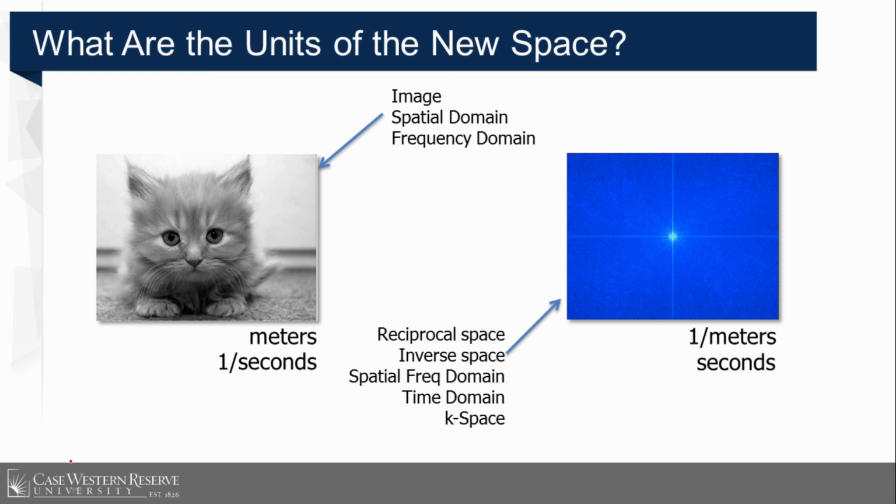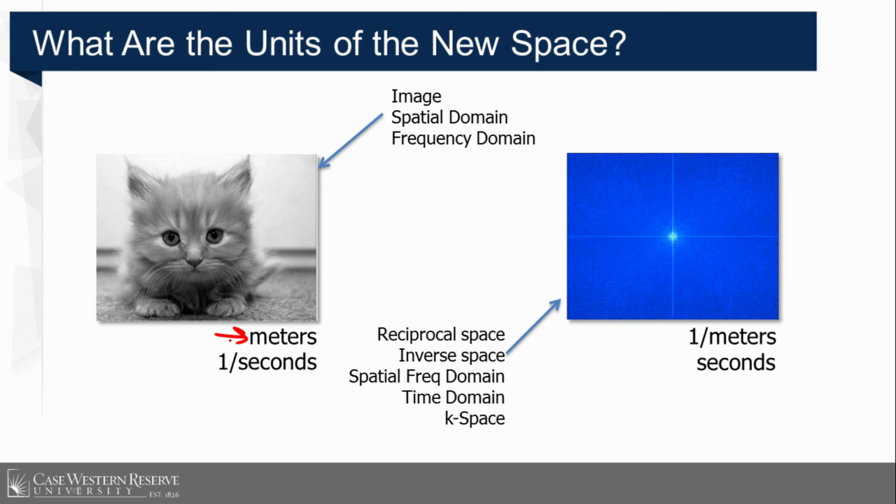All right, so let's think about this new space, because this is kind of a different way of looking at our images. We typically think about the image of our cat as simply being a two-dimensional image where each dimension has units of space. So we'll say our dimensions here are meters.